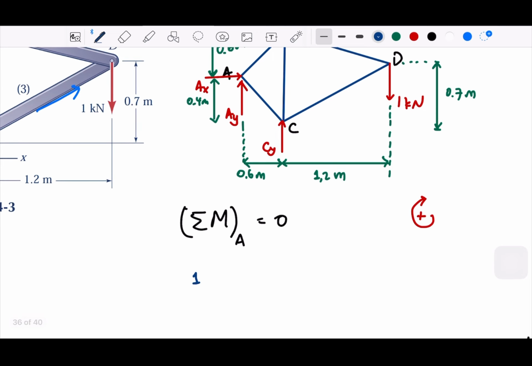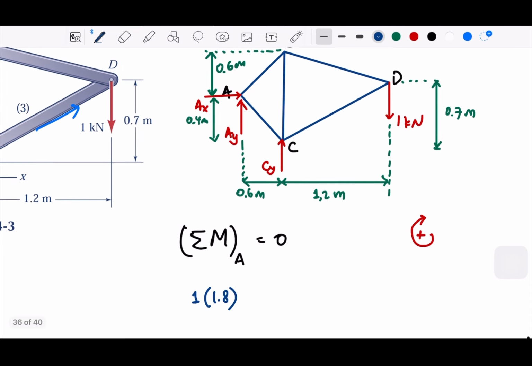So 1 multiplied with 1.8, and then minus Cy. This will be counterclockwise, right?